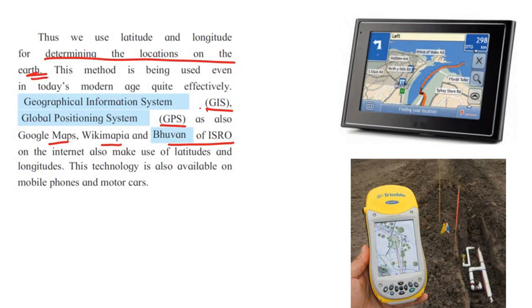Now this technology is also available on mobile phones and motor cars. So here you can see two such examples of GPS enabled devices.